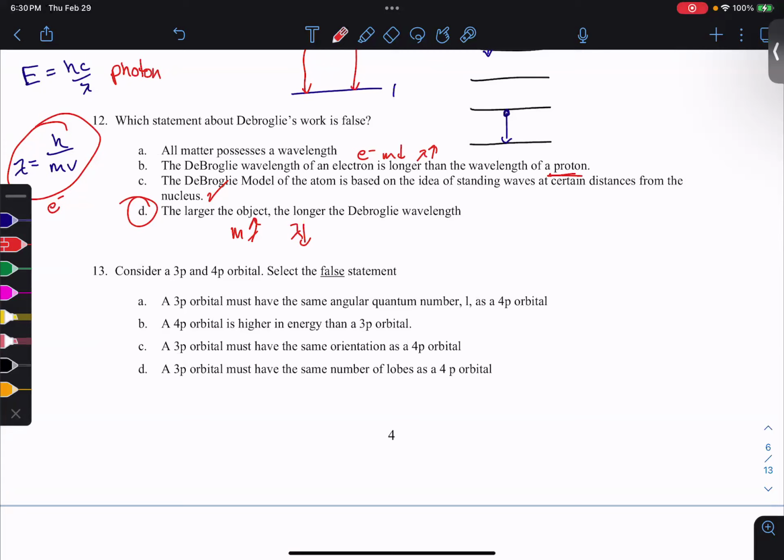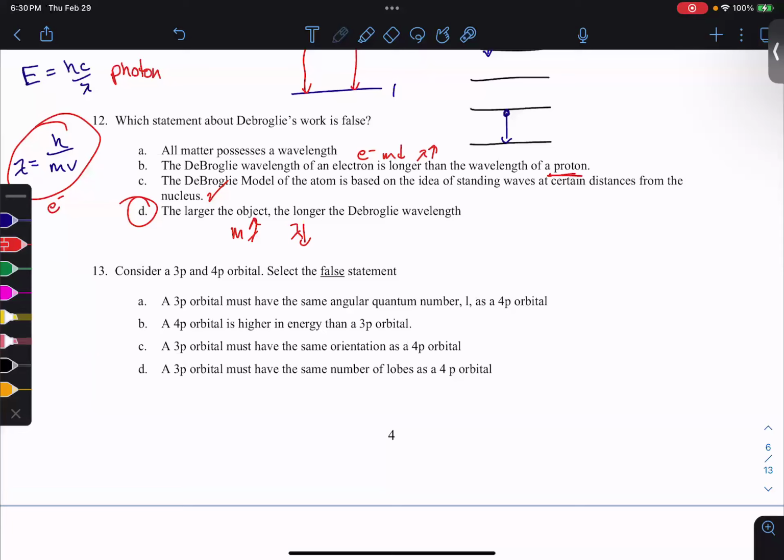So it's just navigating that equation versus actually calculating it. Okay, let's consider two different orbitals and select the false statement. So I have a 3p orbital and a 4p orbital. Let's look at the first one. A 3p orbital must have the same angular quantum number L as a 4p orbital.